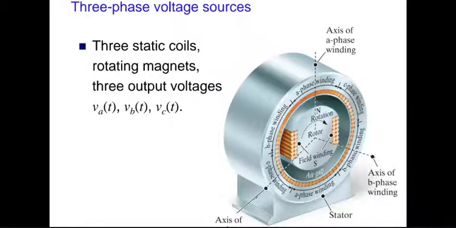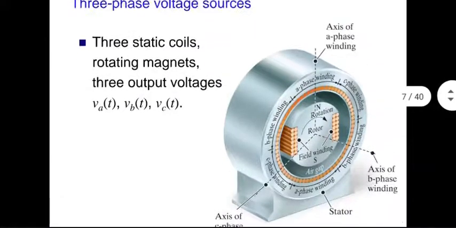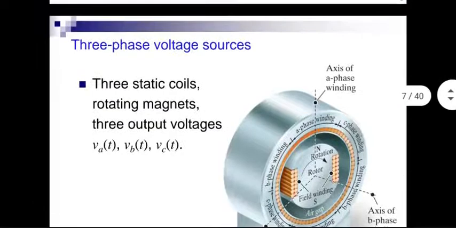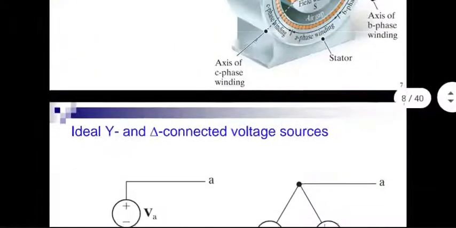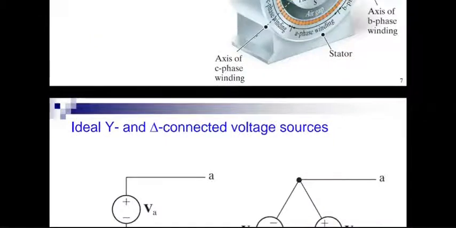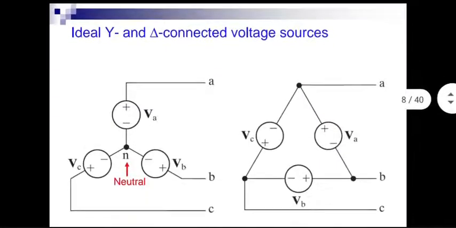The rotating side is generally inside, and the magnetic field is being produced by the outer side, which is not rotating generally. Other way around is also possible. So 3 output voltages come out from the generator. They have 120-degree progressive phase shift between them. They have equal frequency, hopefully, and they have equal amplitude.